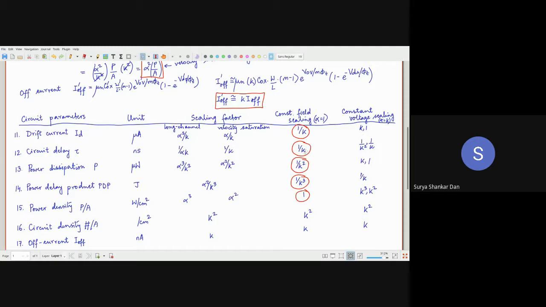But remember that in this case, whenever you are scaling the technology node, it's very difficult for us to identify whether the device has suddenly gone into the velocity saturation or not. So depending on whether it is in velocity saturation regime or it's still performing like a long channel, on the basis of that itself, it is going to have 1 upon k square or 1 upon k.